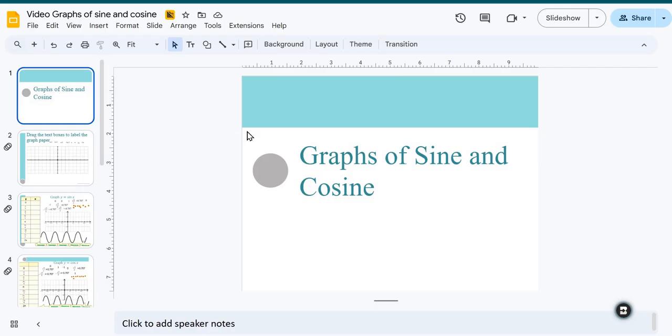You should have already logged on to the Google Classroom assignment. Whenever you open it, it'll create a copy of the Google Slides for you. You're going to follow along in your Google Slides, making the edits as I make them on my slideshow, and then that is what you will submit.